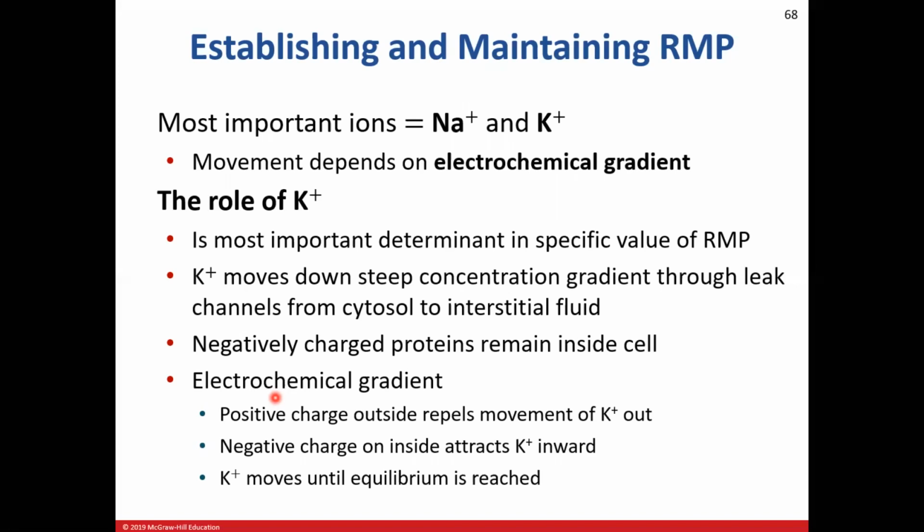And so potassium will continue to move in and out of the cell until equilibrium is reached. Once equilibrium is reached, we have an equal movement in and out of the cell of potassium ions. So again, this electrochemical gradient is developed because of potassium.